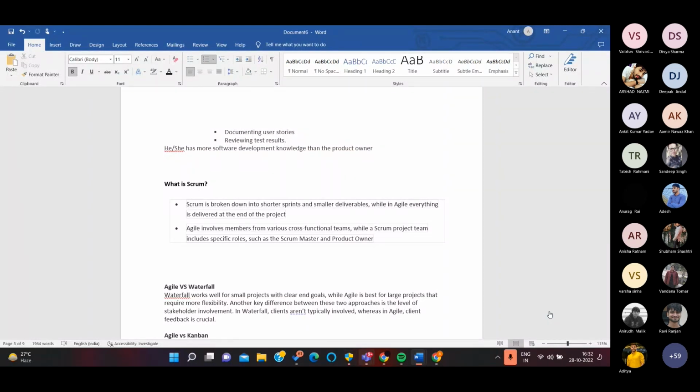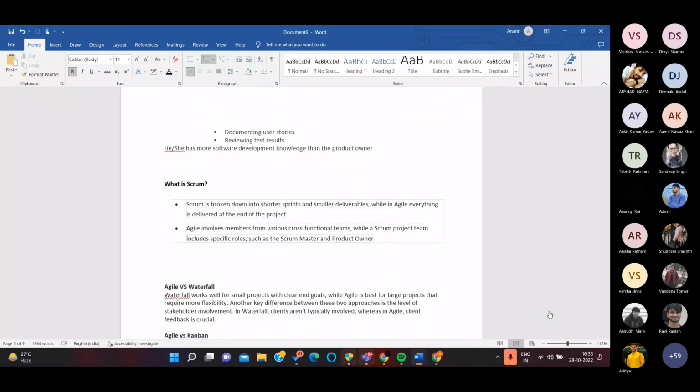The stakeholders, or anyone who is related to the product, the owners of the product, only get to know what the product exactly looks like, how it feels, and how it really behaves in the market once it ends, at the end of the 6 months or at the end of the project. So just to ensure their needs are met and to ensure agility in the entire thing, Scrum was introduced.